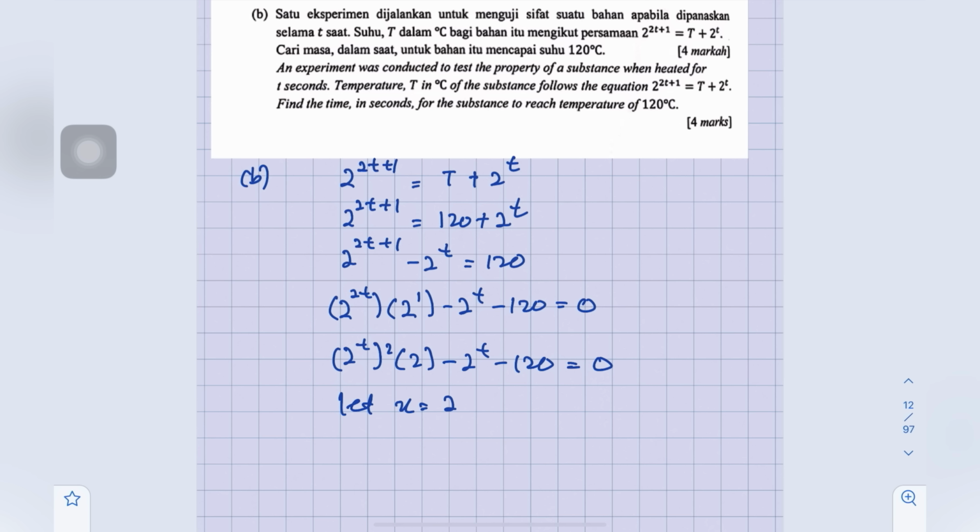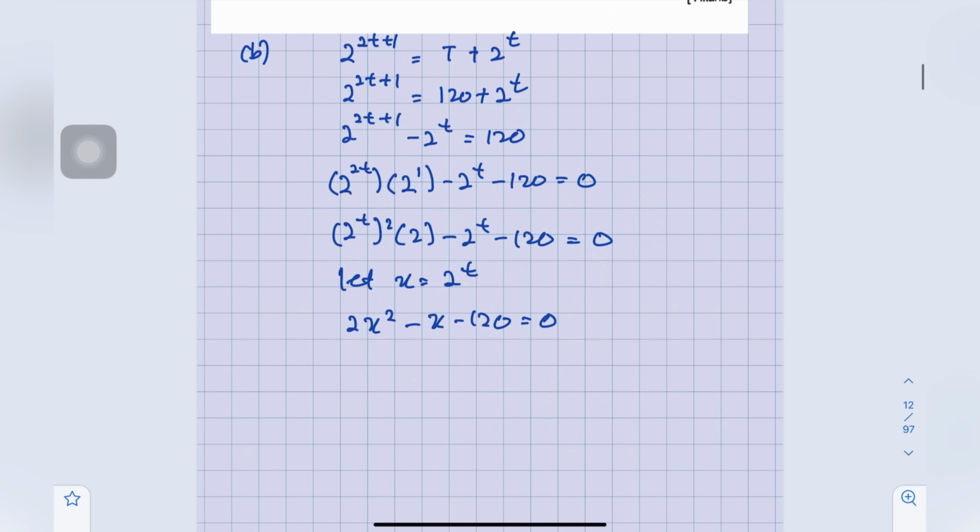Let x equal 2 power of t. So here we get 2x squared minus x minus 120 equals 0. Okay, so this is a quadratic equation. So we can factorize, becoming (2x plus 15)(x minus 8).